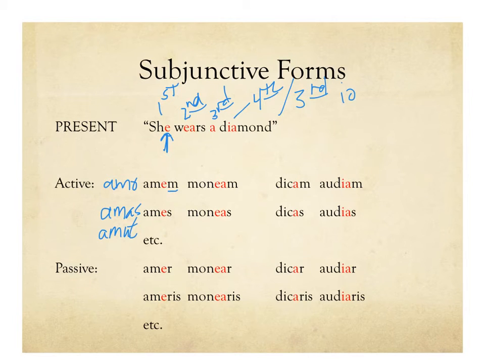We use the M for the subjunctive always, and then ames, amet, etc. And you can see that this is how it's going to work for every conjugation. Instead of moneo, mones, we'll have moneam, moneas. Instead of dico, dicis, we have dicam, dicas with an A.